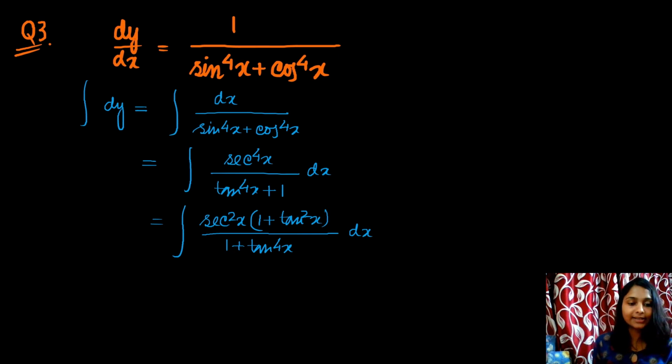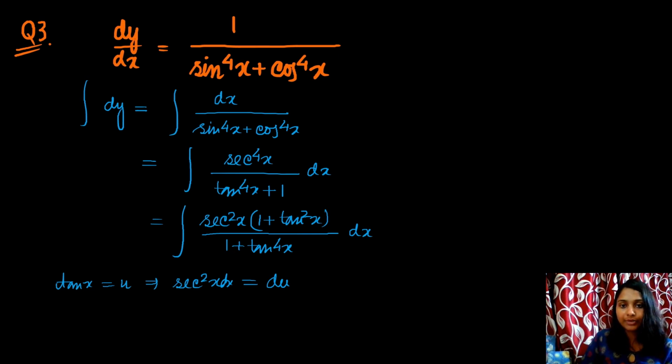So we can take the substitution. We can use u equals tan x. Therefore, sec square x dx equals du.